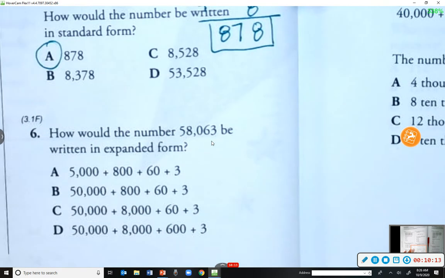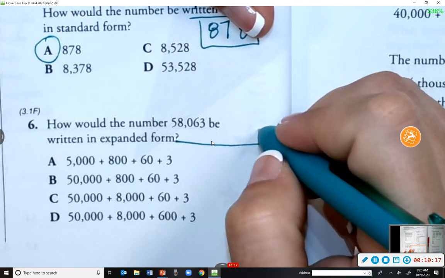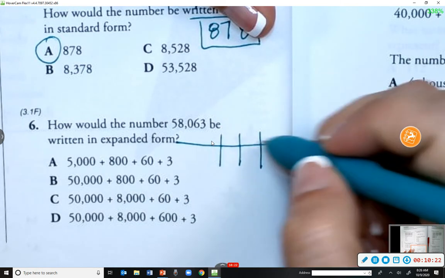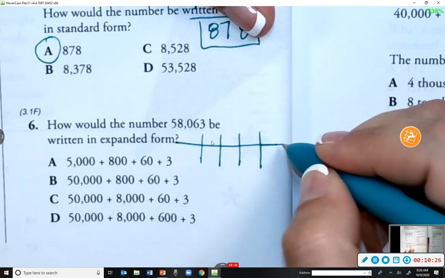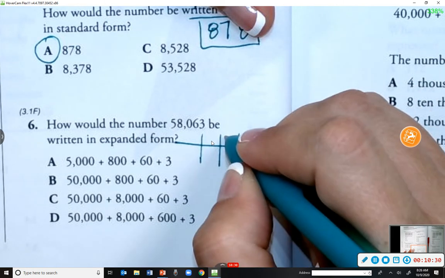Okay, so you can figure out how to expand it by putting in a place value chart. Okay, what's my first place value over here? Ones, tens, hundreds.